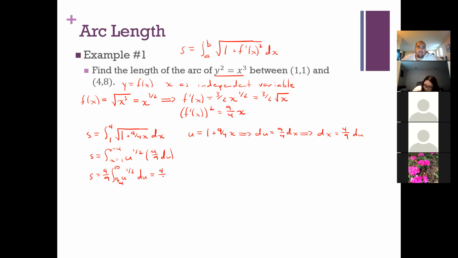Right, so the antiderivative of u to the 1/2 is 2/3 u to the 3/2 from 13/4 to 10. And collecting these, we get 8/27. And if anybody wants to approximate this, they can, but we can just go ahead and leave it exact.